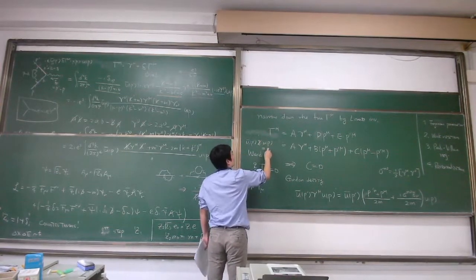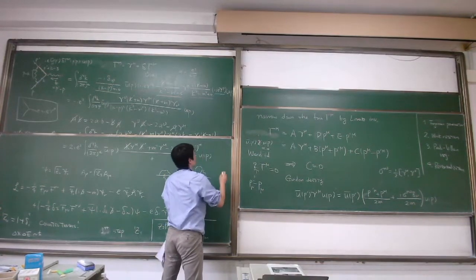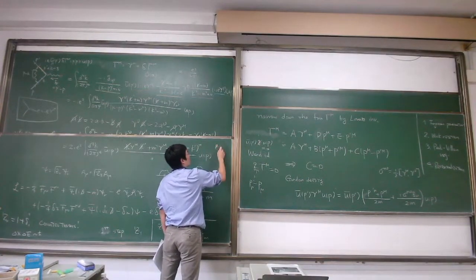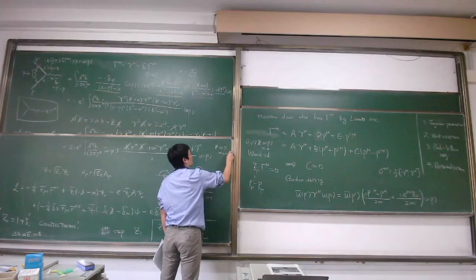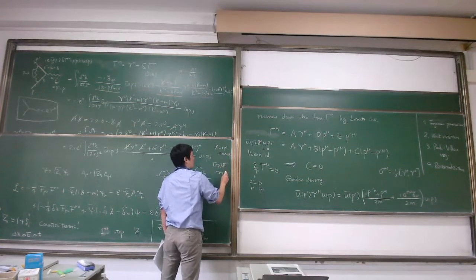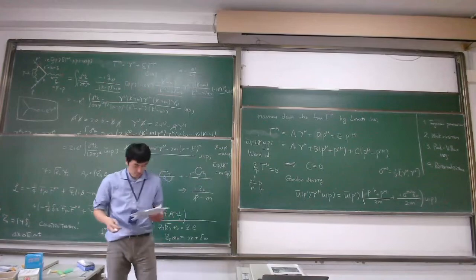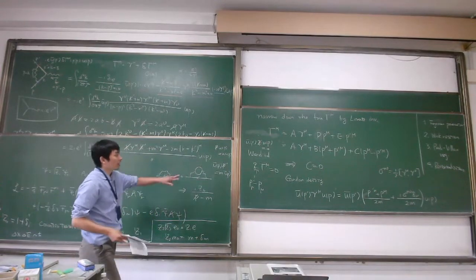So p-slash u(p) is equal to m u(p), as you know, and ū(p') p-slash prime is equal to m times ū(p') because of the equation of motion. So therefore they cancel.